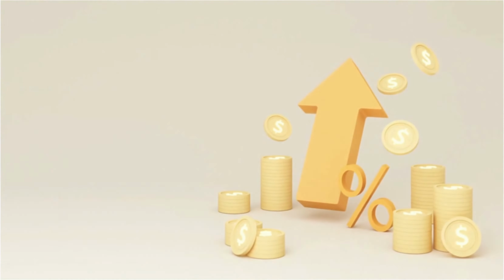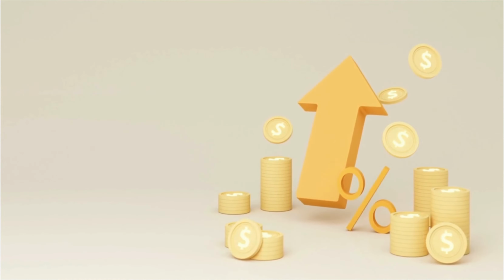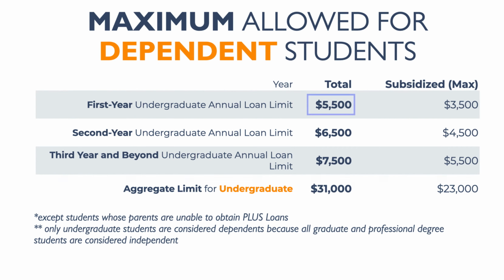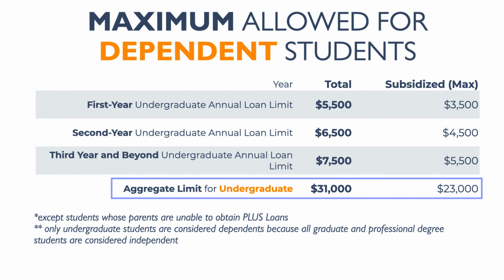These loans for the independent students have much higher loan limits. For first-year dependent undergraduate students, the annual loan limit is $5,500, of which a maximum of $3,500 can be in subsidized loans. Then each year, the maximum amount increases by $1,000 with an aggregate limit of $31,000, of which $23,000 can be subsidized.